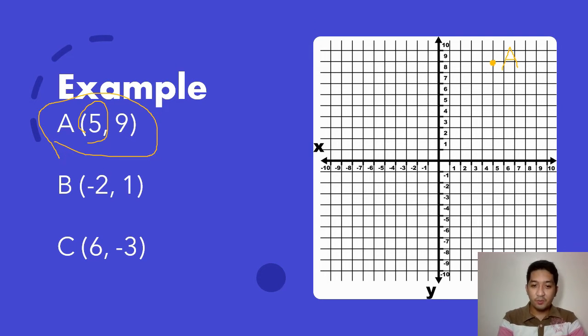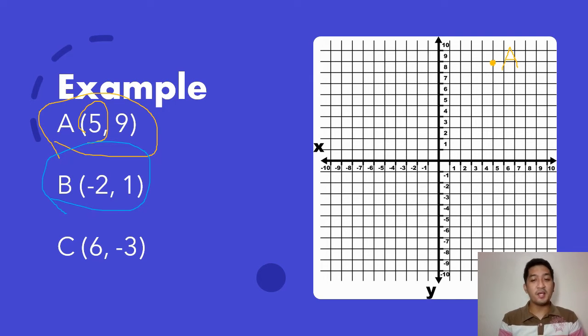Now let's go with point B and I will represent it with blue. Point B is (-2, 1). Again, ano nga po ulit ang unang titingnan? Ang una pong titingnan ay yung tinatawag nating abscissa, which is the x-coordinate, negative 2.